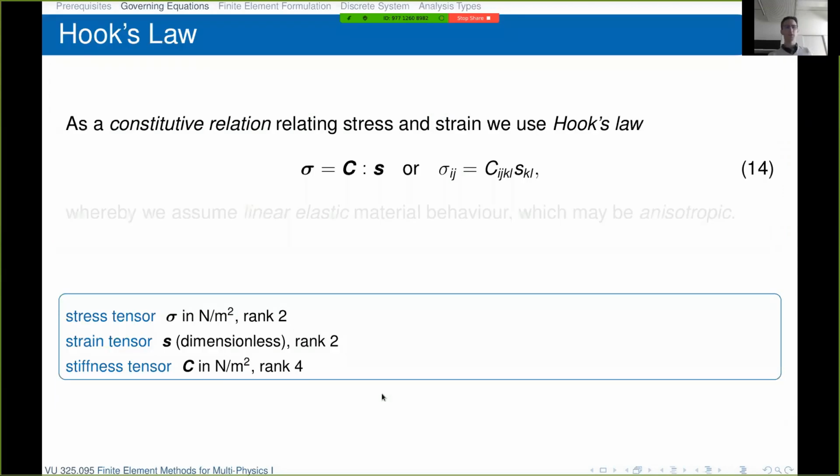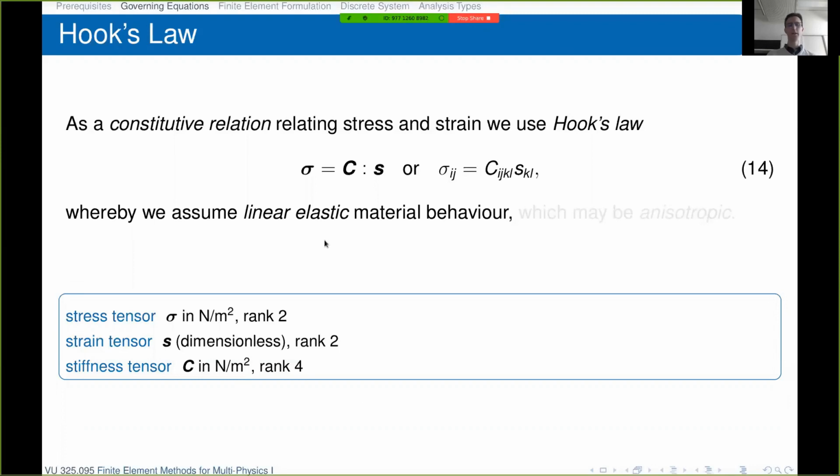Okay, so the final thing we need for modeling our solid mechanics problems is Hooke's law. This is the constitutive relation that we will use to relate stress and strain. Of course, we know that Hooke's law is only applicable for linear elastic material behavior.